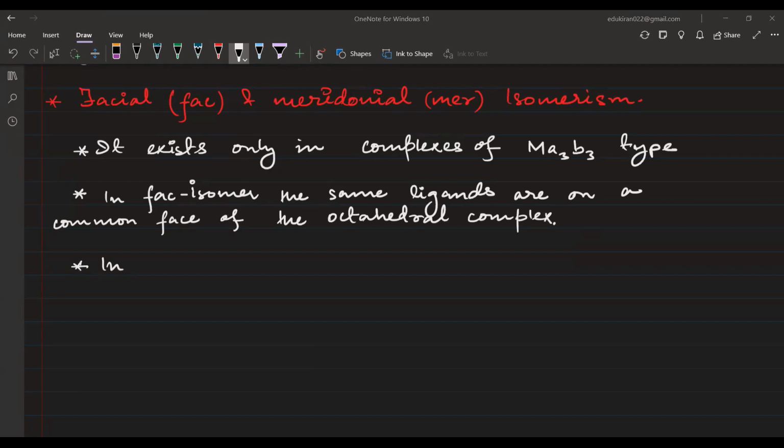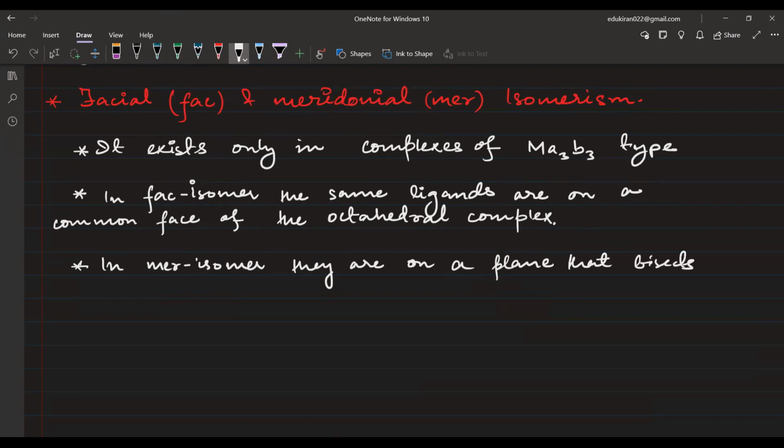Next, in MER isomer, they are on a plane that bisects the octahedral complex.